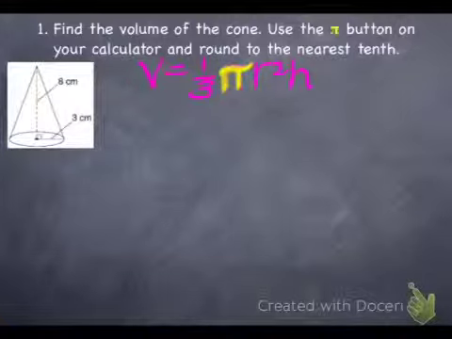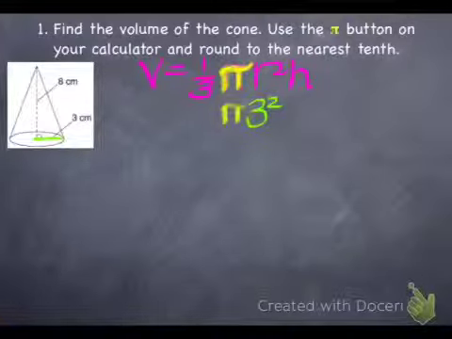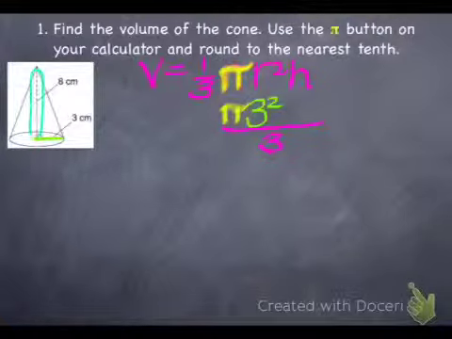So we're just going to take numbers from over here and start plugging them in. Our radius they've given us is 3. So this one is 3 squared. And then we've got good old pi right here. I can bring down all of this divided by 3 for 1/3. And then I also need my height, which was a height of 8.